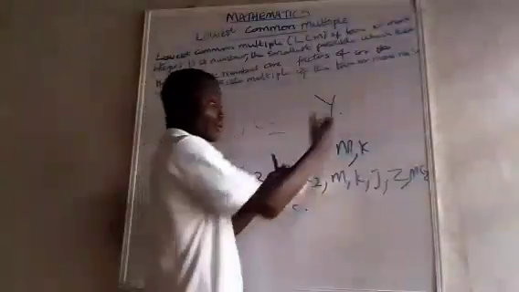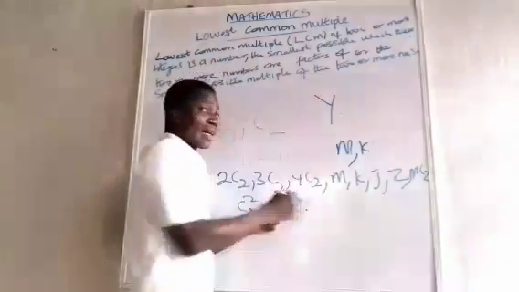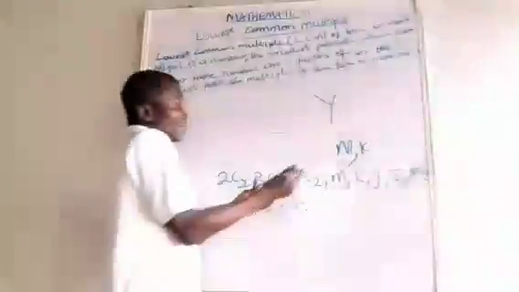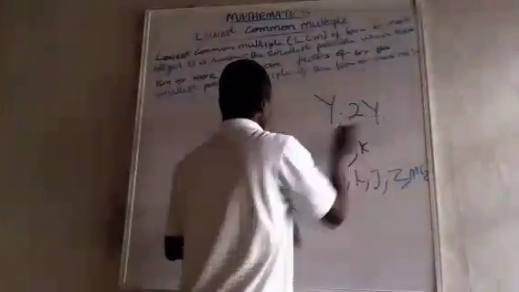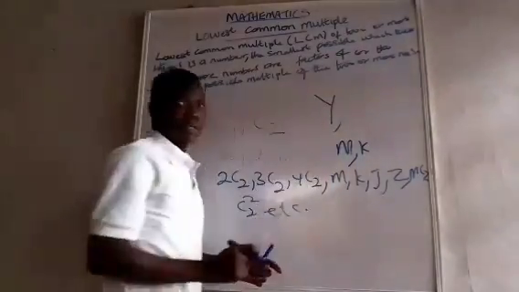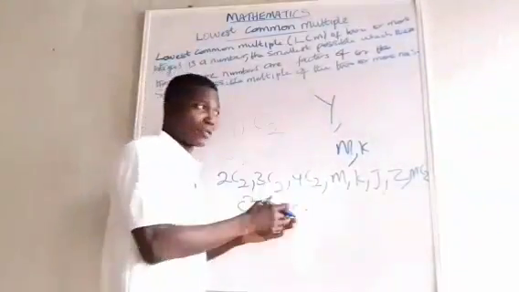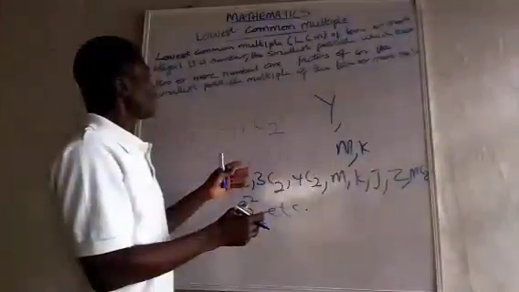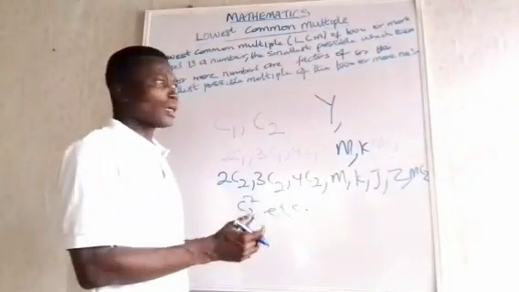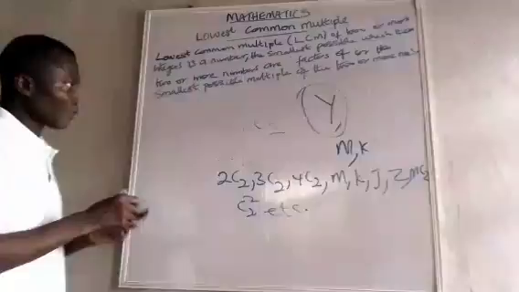They can go into another bigger number, like 2Y. The two of them will divide 2Y conveniently. But we are saying that any number smaller than Y, the two of them cannot divide conveniently. Even if C1 divides another smaller number, C2 will not divide it. This will be the smallest multiple that the two of them can divide conveniently.